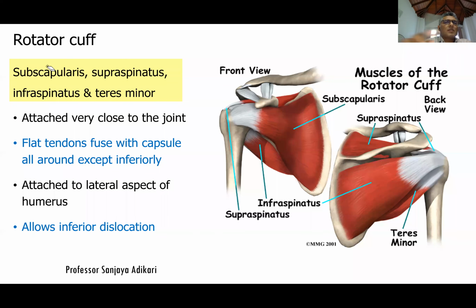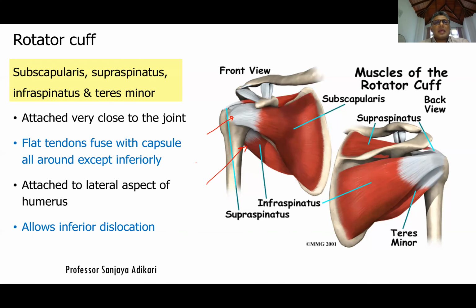Now the significance of these muscles is that they have short flat tendons which are attached to the shoulder joint capsule all around, strengthening the capsule except on the inferior side. The capsule is strengthened anteriorly, posteriorly, and above, and the short tendons are attached to the anterolateral, posterolateral, or superolateral surfaces of the humerus.